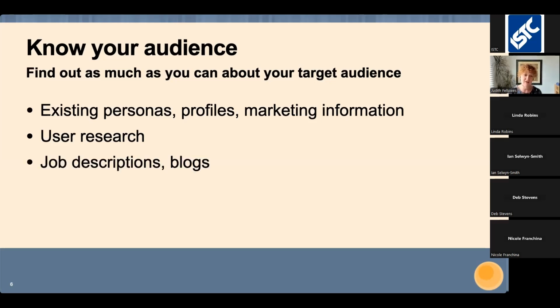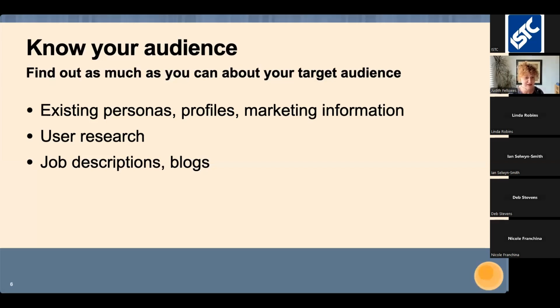One of the things I often use when I'm creating personas is job descriptions, because they tell you a lot about the person that organizations are looking for. But the other thing you can use is things like blogs. If you're in a specialist domain, is there anybody out there that's writing about this and their experiences, and even little things from their life, because blogs do tend to be quite personal.